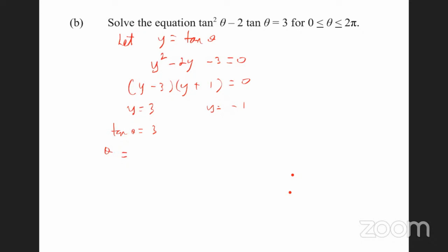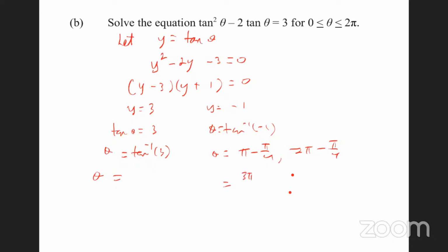Tan has an asymptote at 90 degrees and pi after that. If you try to find tan 90 or tan 270, or any value 180 after that, you'll get an error. So what that implies is that we could find tan for any value. So tan inverse 3 is in the first quadrant and fourth quadrant, and here will be tan inverse minus 1, which will be in the second quadrant and the fourth quadrant.